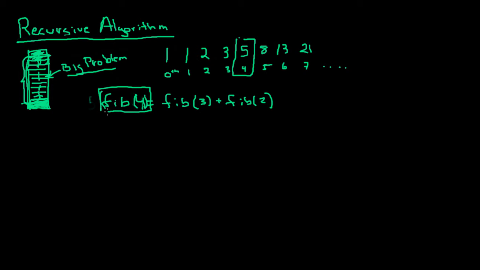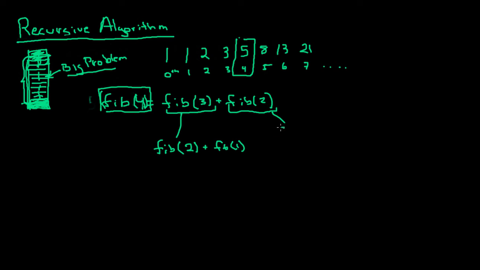And now this is great, and so this is our big problem right here. We want to find the 4th Fibonacci number. And in order to do that, we need to find out the 3rd and the 2nd one. And so these are two slightly smaller problems. However, we can't find the 3rd one until we find the 2nd Fibonacci number plus the 1st Fibonacci number. And the same deal with this.